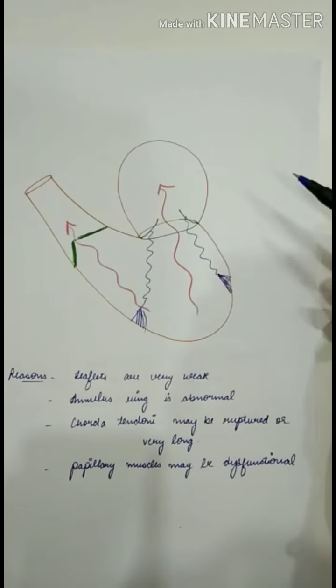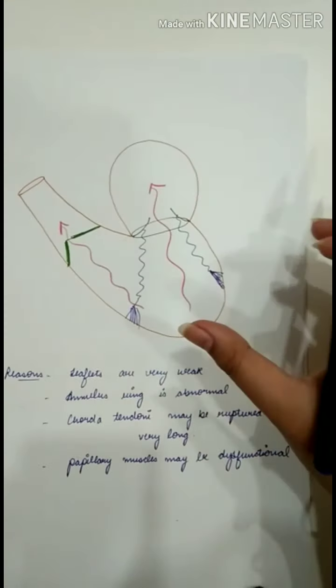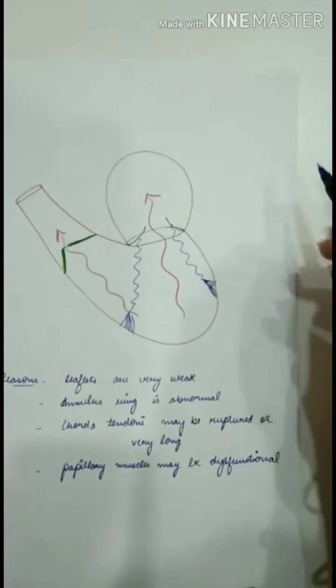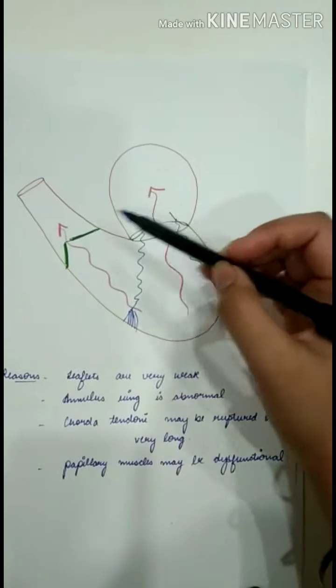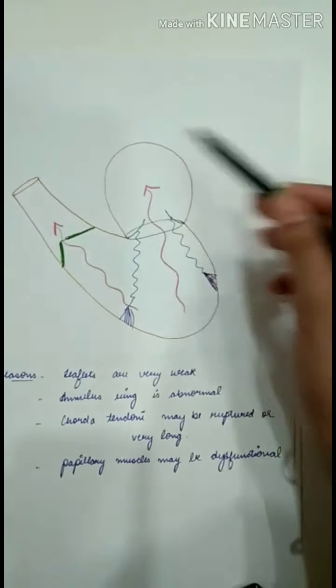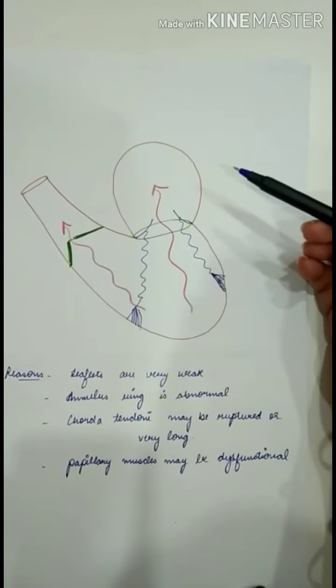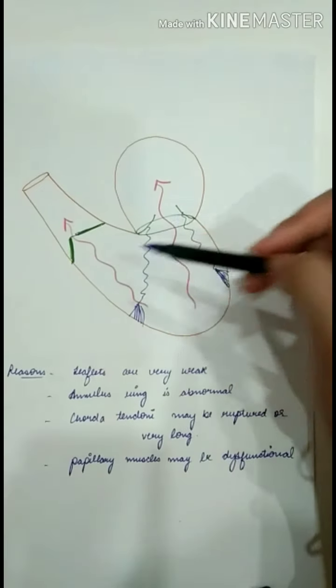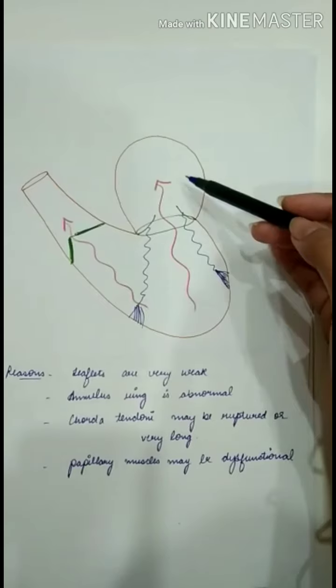In patients with mitral regurgitation, when the left ventricle starts contracting, the intraventricular pressure goes up. Ideally, the mitral valve should close and the aortic valve should open. But there is a problem in the mitral valve apparatus due to which the blood not only goes through the aortic valve but also regurgitates through the mitral valve.